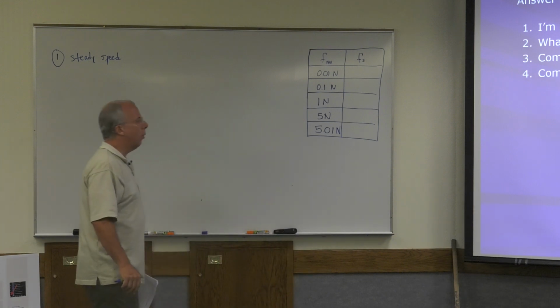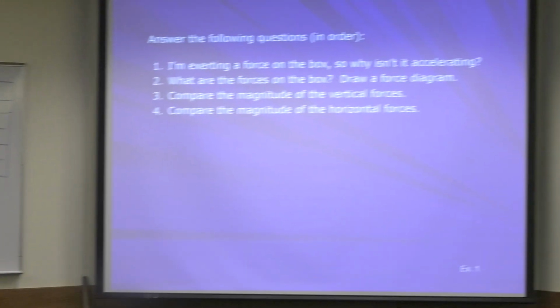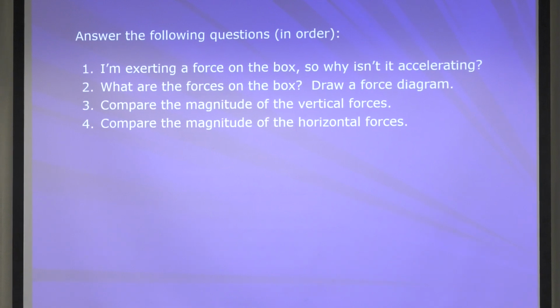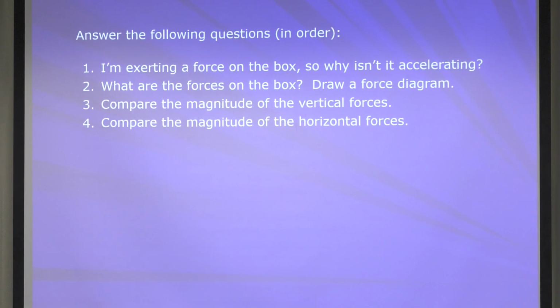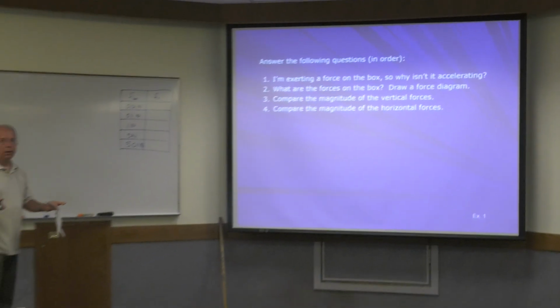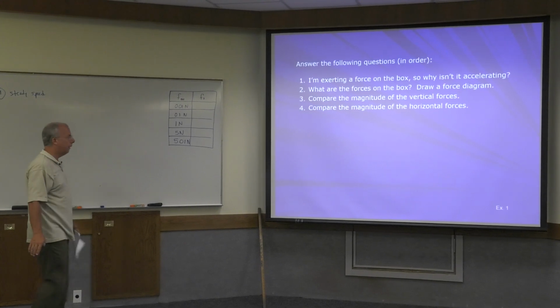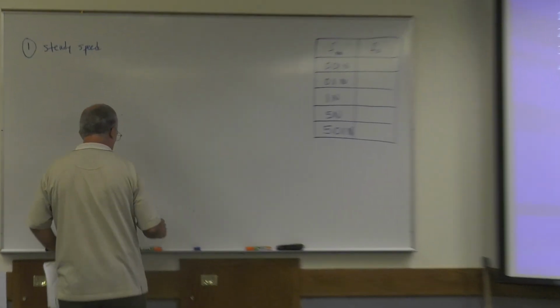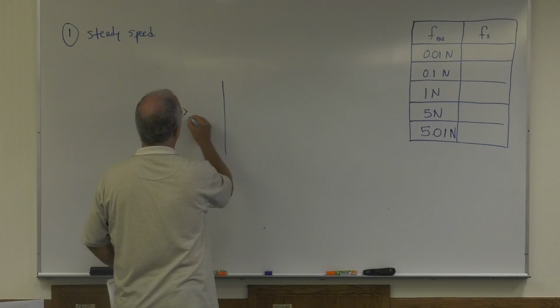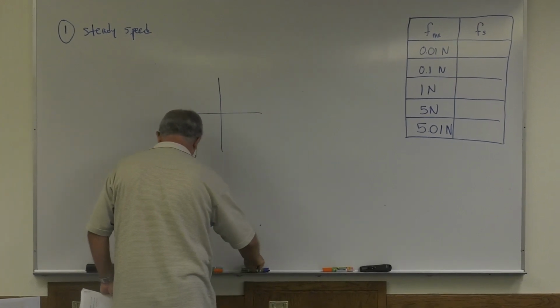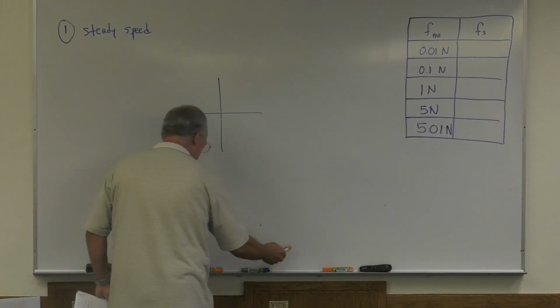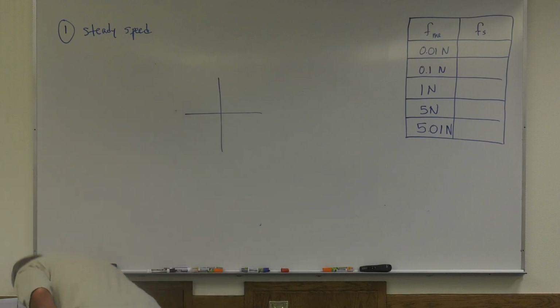Number two, what are the forces on the box? Draw a force diagram. Again, this is the key to the entire chapter. You have to be able to do this. We want every single force. There's my coordinate axes.